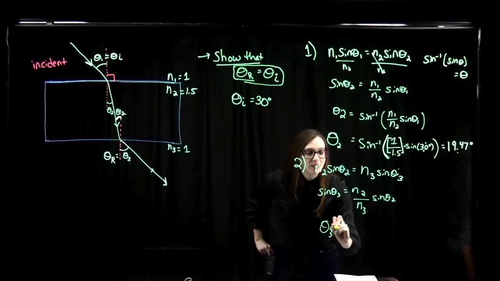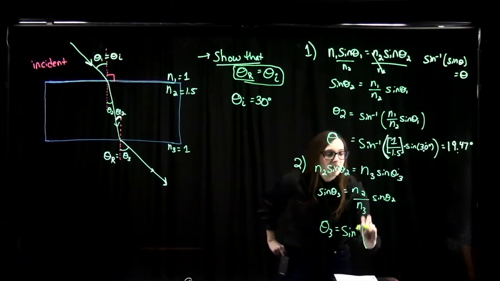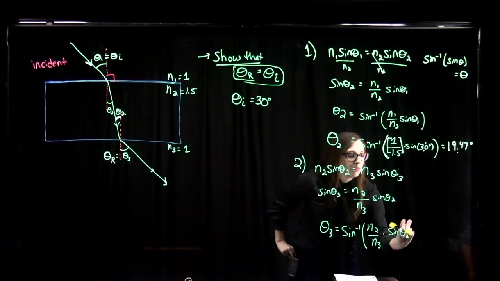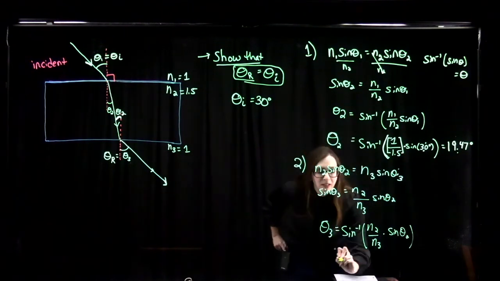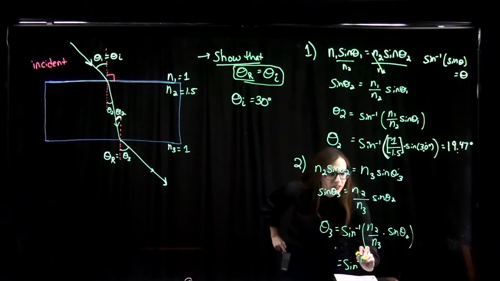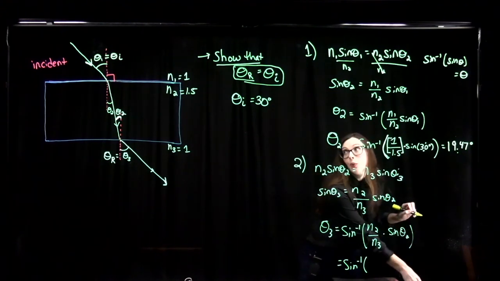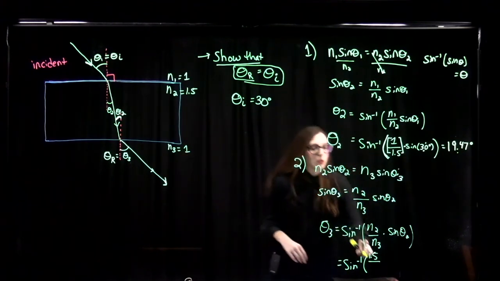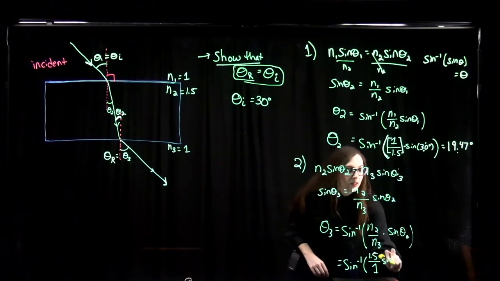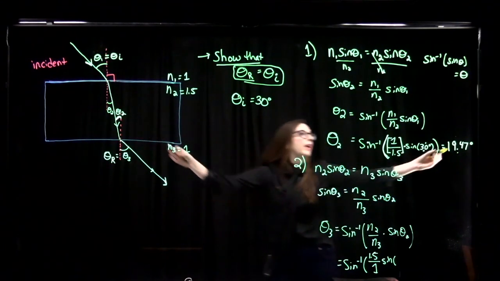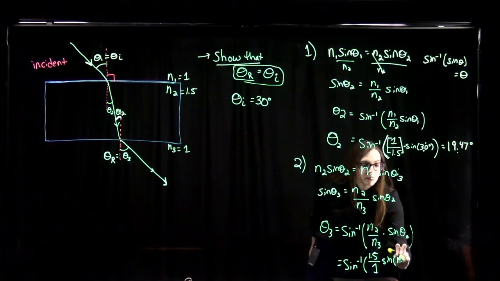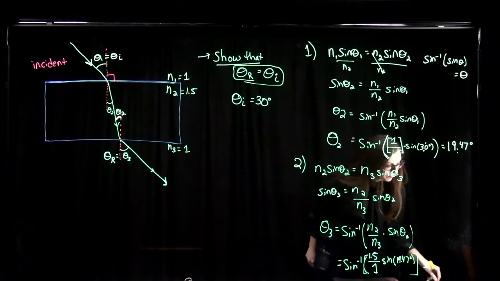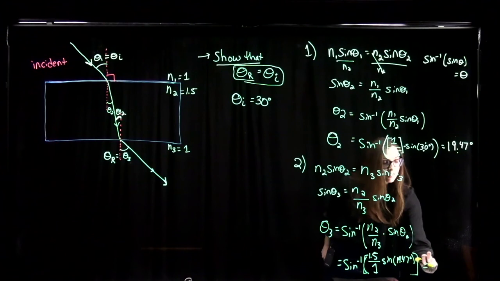So theta 3 is equal to the inverse sine of n2 over n3 times sine theta 2. That is the inverse sine of n2, 1.5, over n3, which was 1, times sine of theta 2. We saw that that was 19.47 degrees. If we do this calculation, we find that theta 3 is equal to 30 degrees.